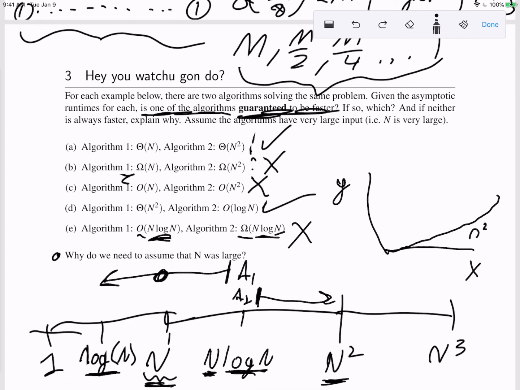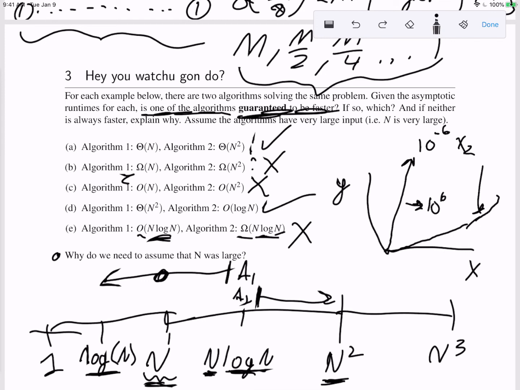Let's say this is x squared times 10 to the negative 6, some super small constant.